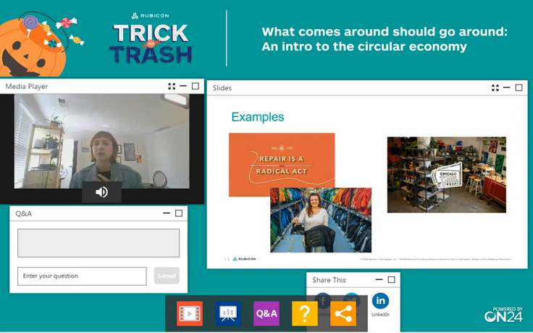It's a good example of sharing resources that might often be underutilized or not used in the most efficient way. So instead of us all buying tools that we're only going to use a couple of times and then inevitably they'll just get thrown away when we move, it would be great if we could all just use the same tools so that it's used more efficiently and produces less waste.